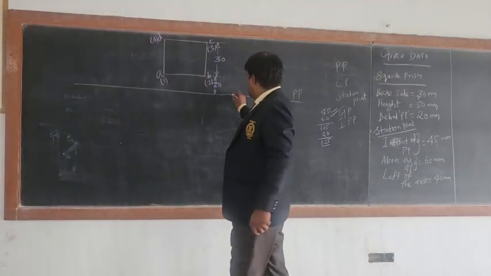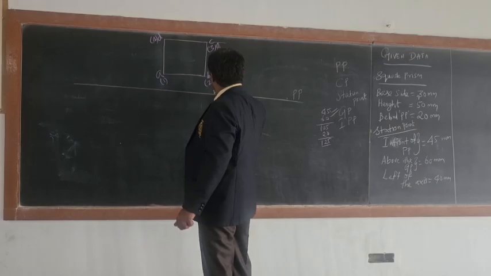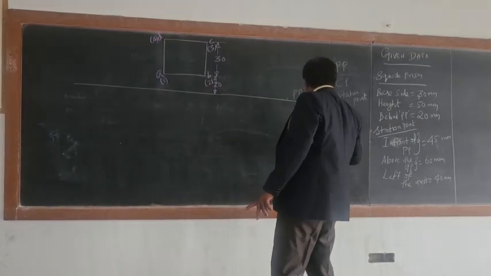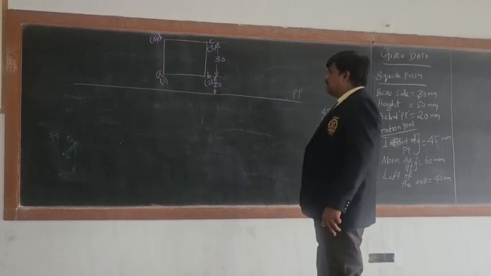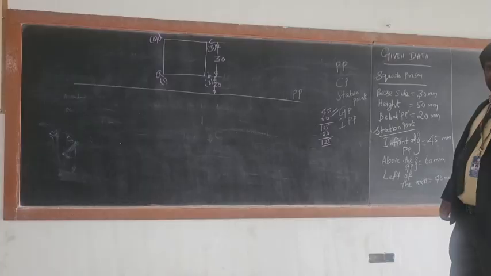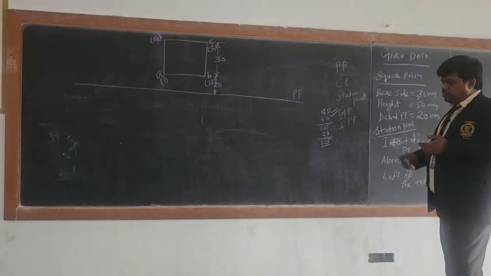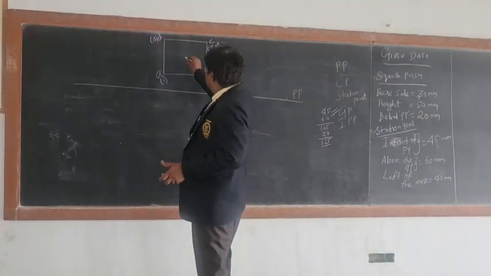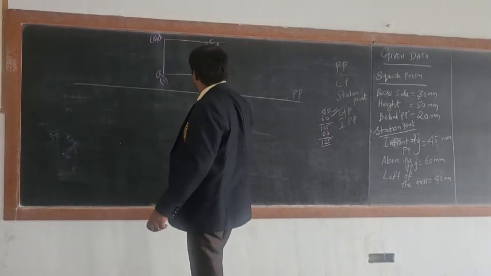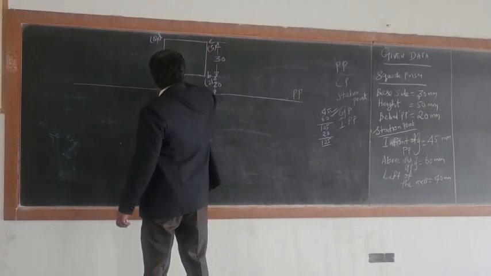From the fixed plane, you will draw the central plane. Before that, we need to find out where the observer is standing: 40 mm left of the axis. We know that the central point is the axis. How can we find the central point?